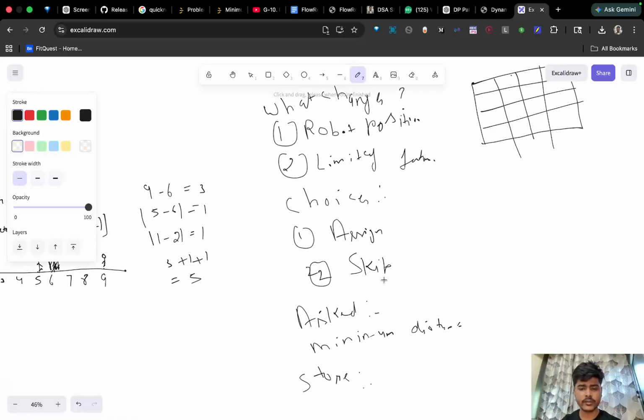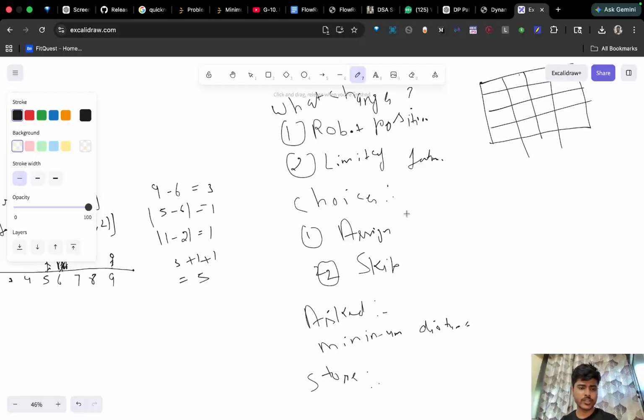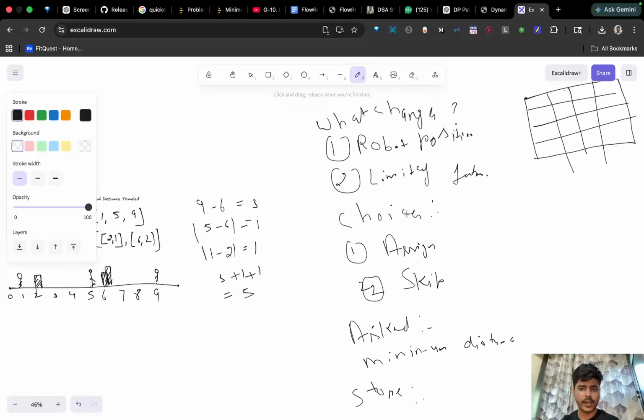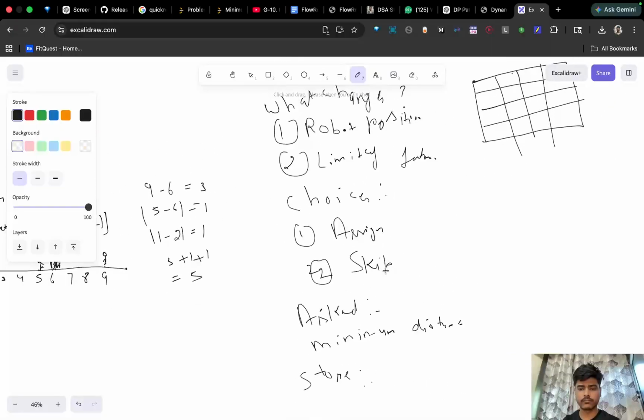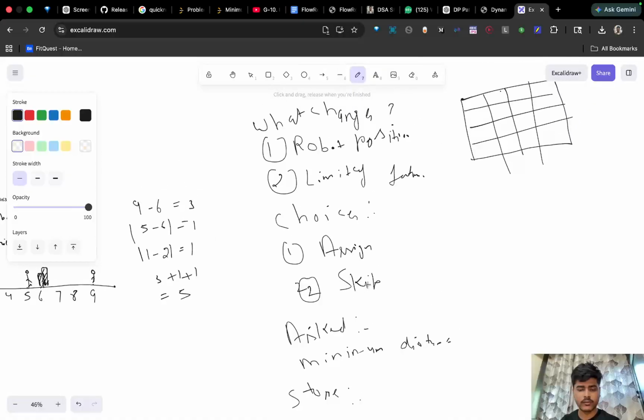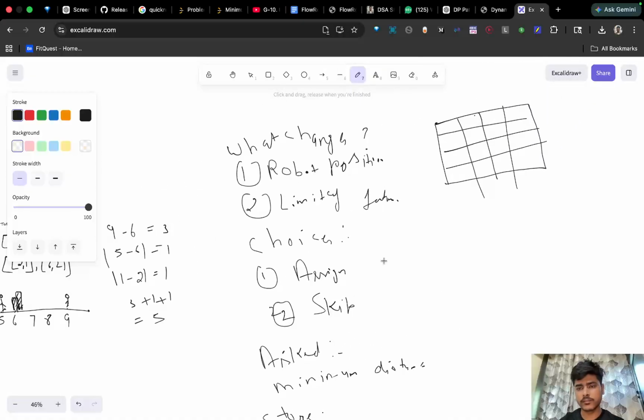And since we have a choice to skip, in that case we will be borrowing the answer from the future. So it's obvious that we have to store the answer at position 0,0 in this cell, that is dp[0][0].